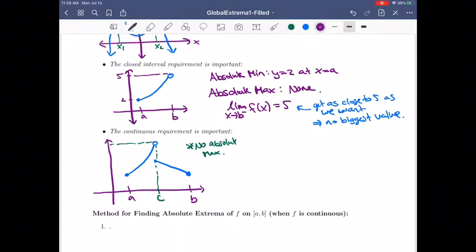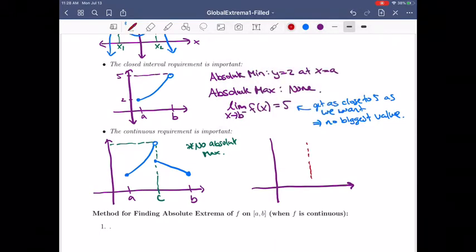You could also have something not continuous. Maybe you have an asymptote in your interval. Here you wouldn't have a closed interval, but you might have something like this. Now you're not continuous and you don't have a closed interval.